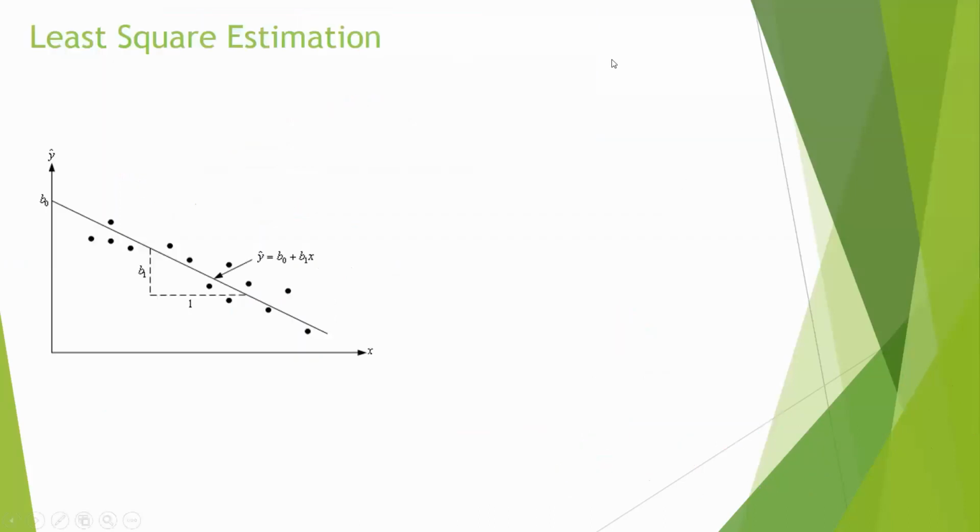And another thing in a linear model we need to pay attention to is called the least square estimation. This is a way to estimate the two parameters. We have two parameters in this model, right? A is the intercept and B is the slope. So how do we estimate these two parameters using our data?